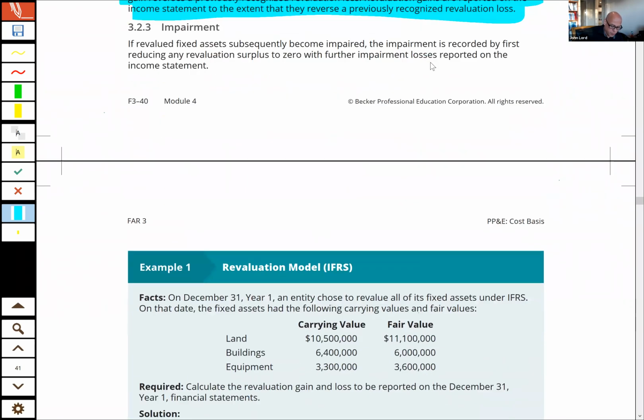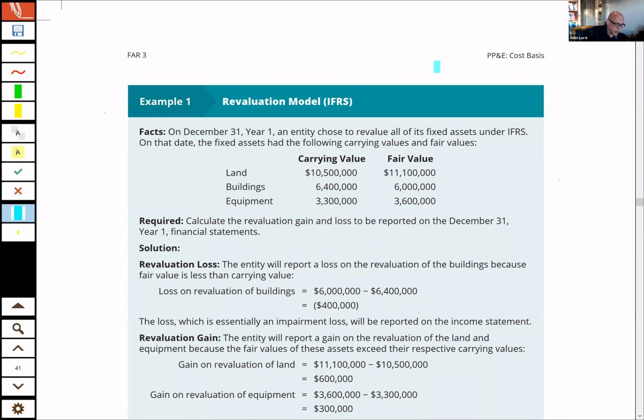So you come over and you can take a look. We have these three classes: land, building, equipment, because again, you have to do this by class. And notice for the land, we have an increase in value. That increase is going to go to other comprehensive income. Here for the building, we have a loss. That loss will be going to the income statement.